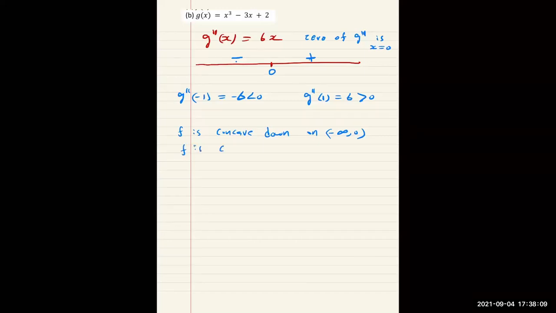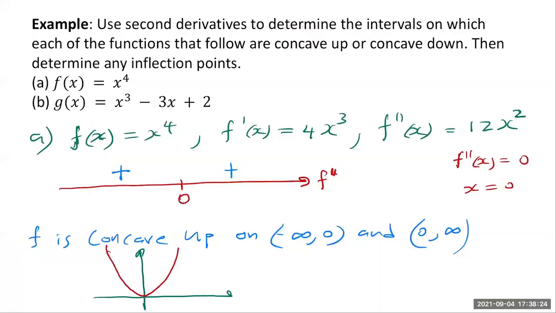F is concave up on the interval 0 comma plus infinity, by the previous theorem. All right, that completes that part, but don't forget we had the second part.